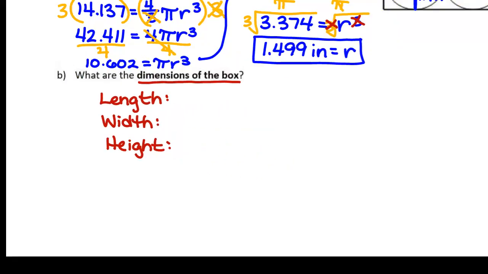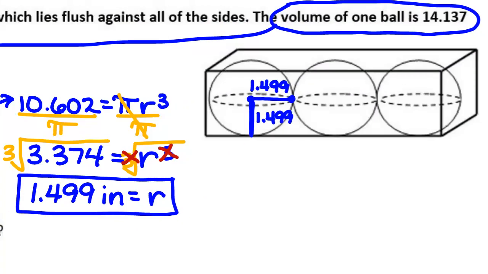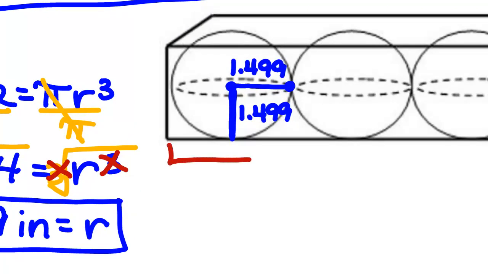I know that from the center to the edge for one ball, it's 1.499. So how far would it be to go side to side through the widest part of one ball? Multiply the radius by what? 2. Yep, double that radius. Tell me what you get.